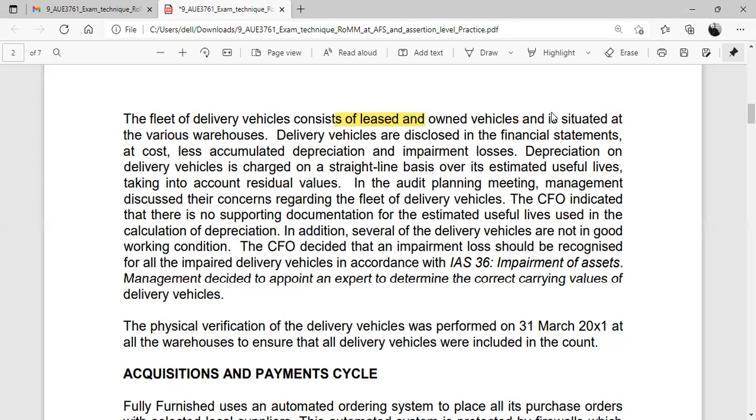Okay, I have a question for you guys. From an accounting perspective, how do we deal with leases? Do we not recognize a right of use asset? Okay, but that would be an asset.